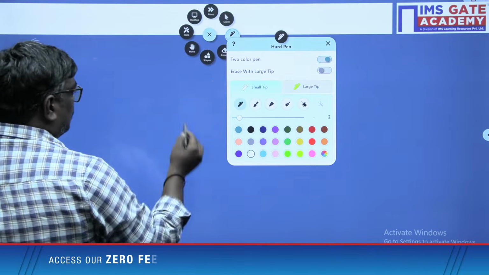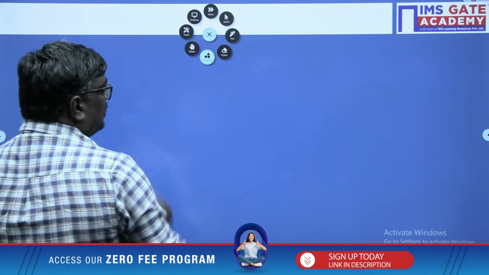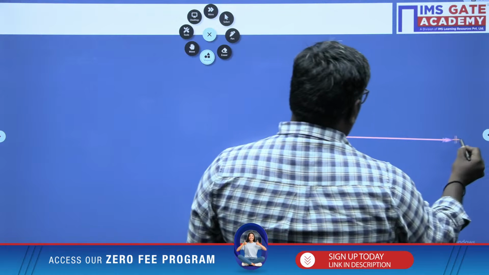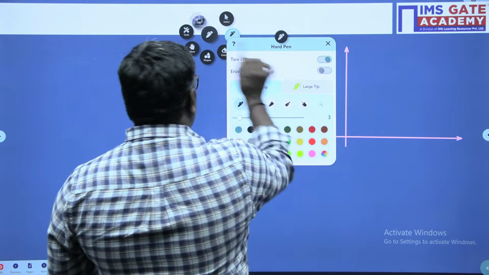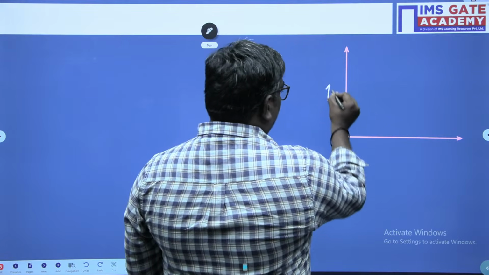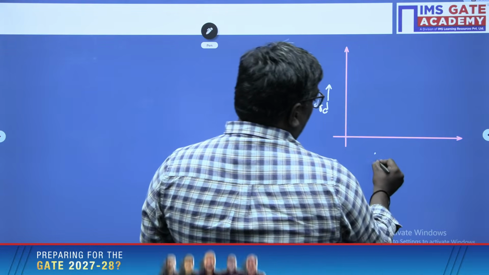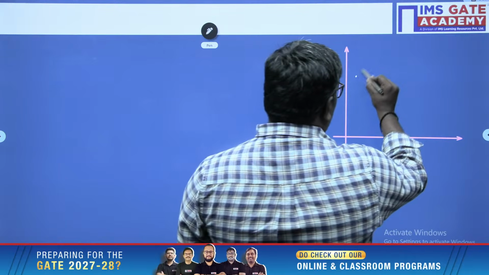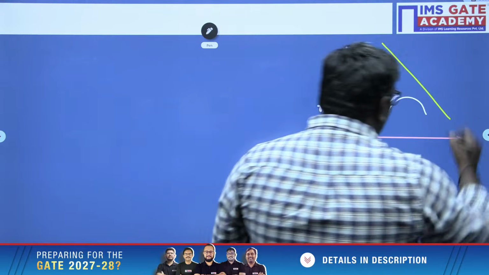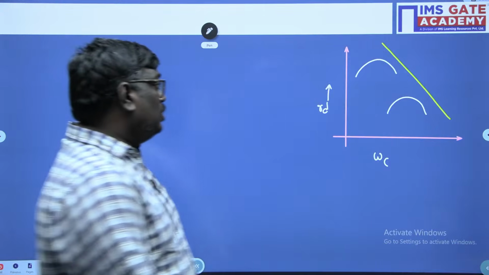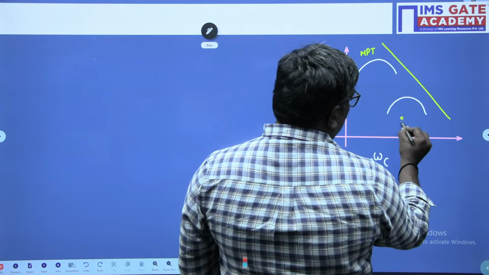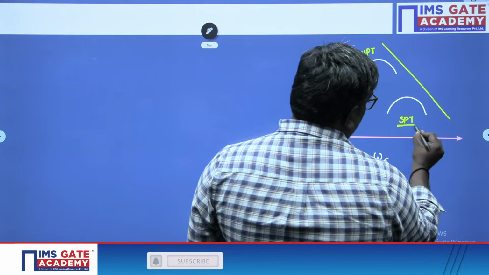Now see, students, for the factors affecting compaction, a graph is drawn between dry density and water content. These are the different water contents we have. We call this the modified Proctor test, and this is the standard Proctor test.